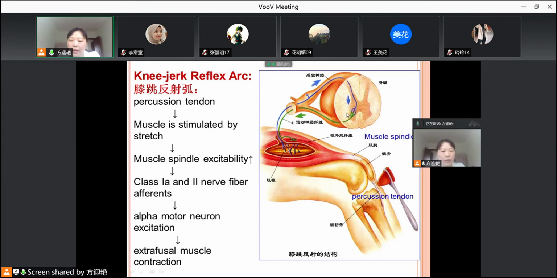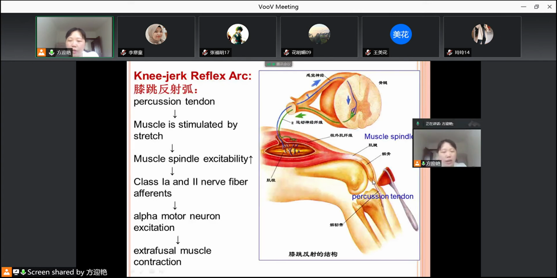The spinal cord has a one-step connection, mainly the alpha motor neuron. The alpha motor neuron sends out nerve fibers that control the extrafusal muscles and lead to the muscle contraction.